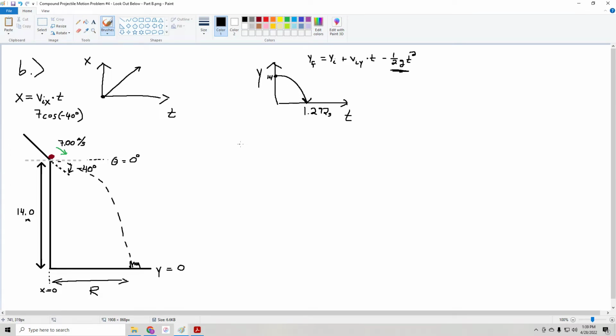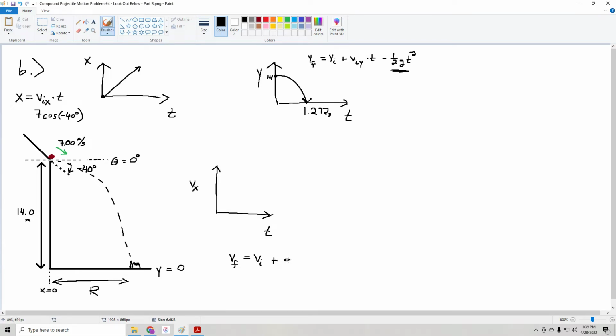What about the velocities? This one is actually really easy when we look at the x component of the velocity with respect to time. We said that there's an initial velocity in the x direction of 7 cosine negative 40. Let's try and use another kinematic expression, this one, to see if that changes in time.